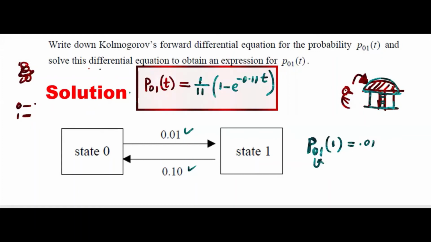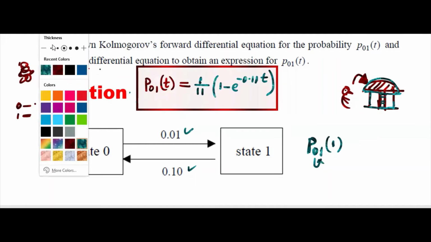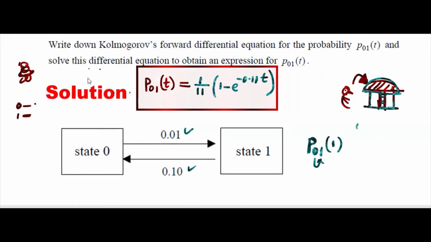Now there is a big question: why do all this? In Hindi, dramabazi. Why do all this drama here? Why not directly? Because we can also directly find P01.